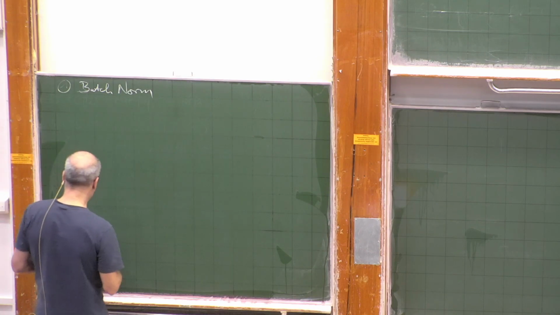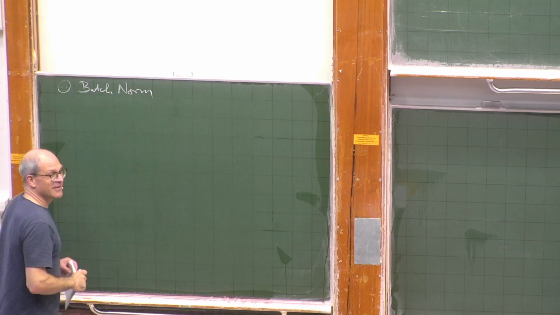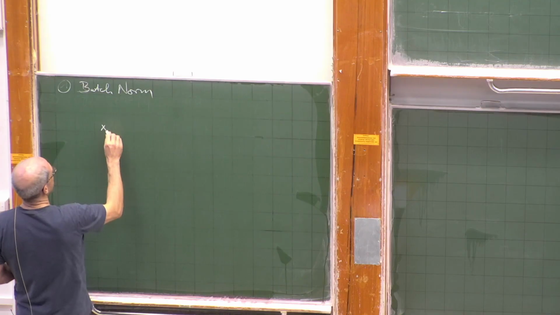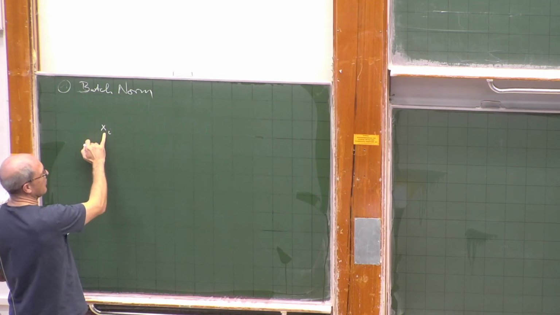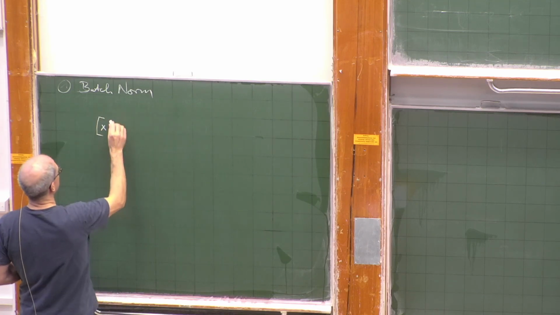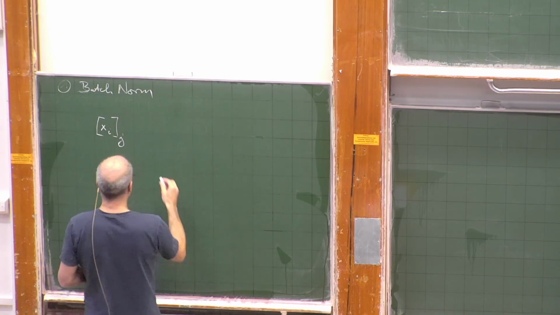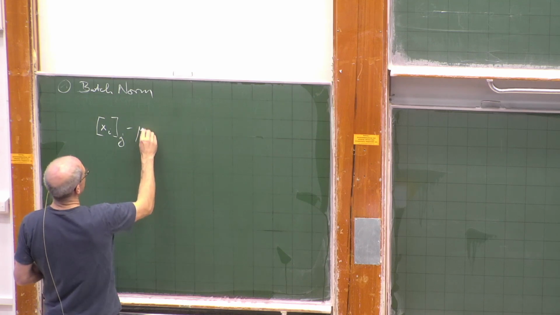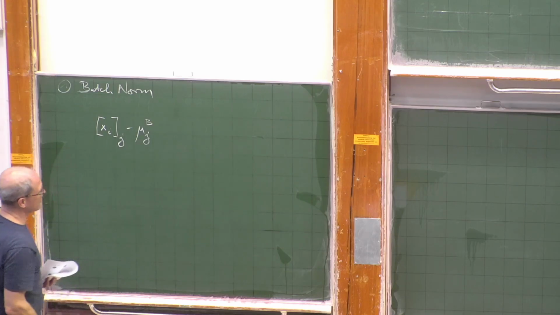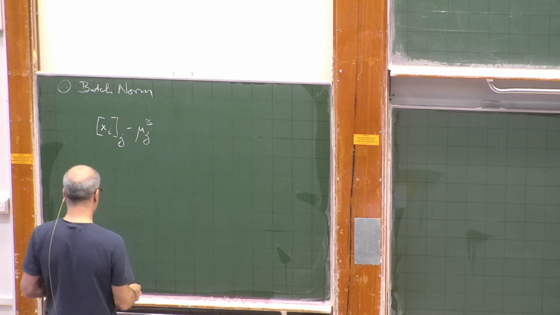So in batch norm, as the name implies, we normalize across a batch. This is the ith training example, so this is a vector. From this vector, I consider the jth component, and from this jth component, we subtract the mean as computed from this particular batch B. A batch is just a tiny subset of training examples.